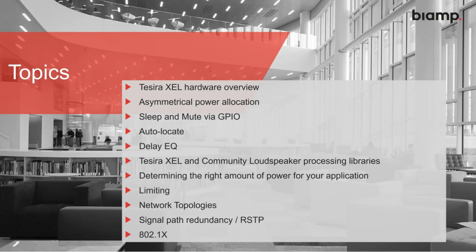And look at how to determine the right amount of power for amplifiers with various speakers. We'll take a deep dive into limiting, and we'll get into network topologies for signal path redundancy, very important for live events, and take a look at network security as well with 802.1x.